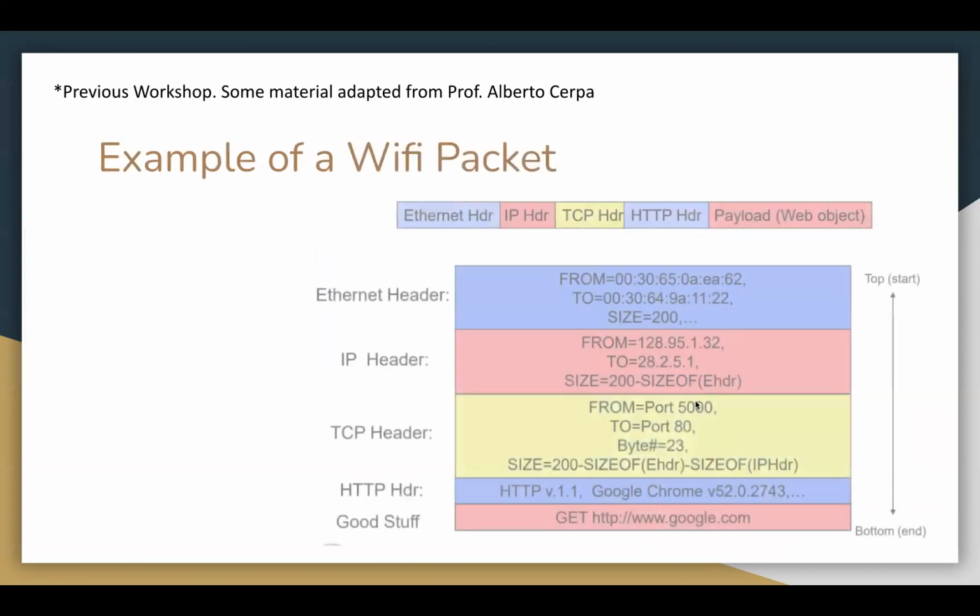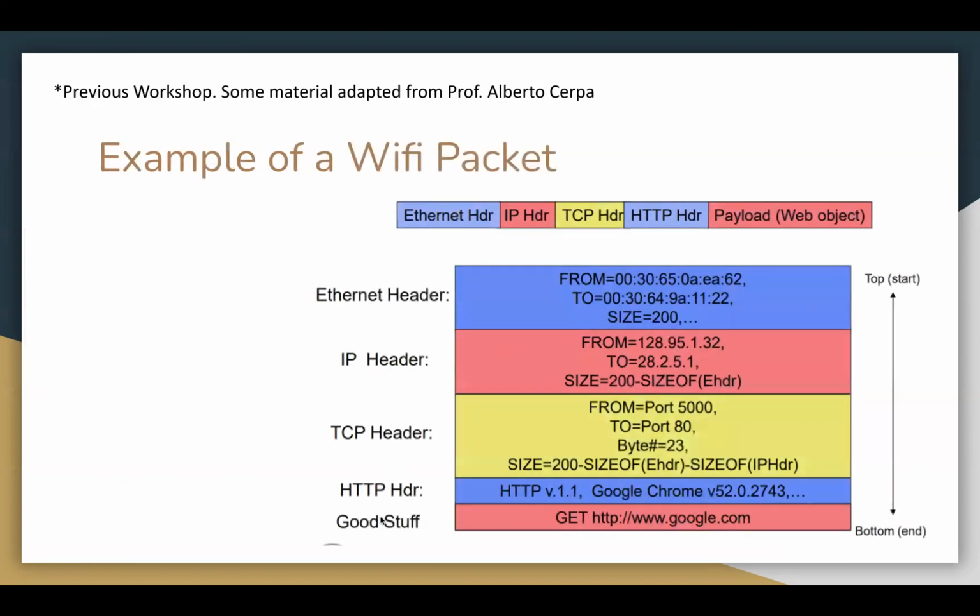An example of a Wi-Fi packet is this. You got the good stuff on the bottom: basically, the meat, the actual data, and then you got the HTTP header, the TCP header, the IP header, and then the Ethernet header.